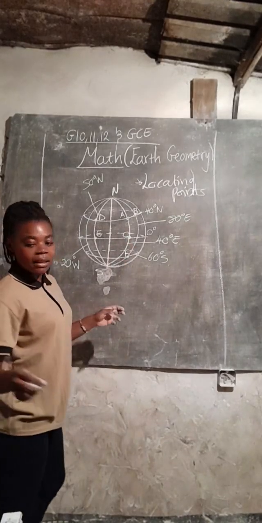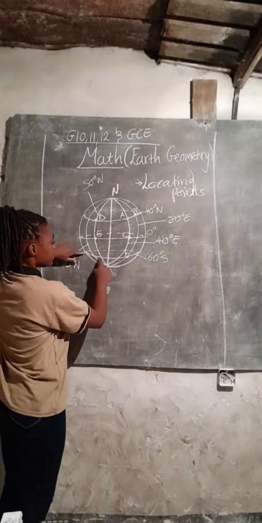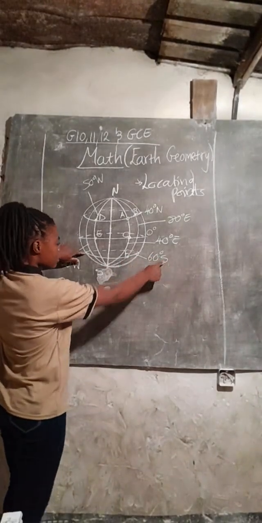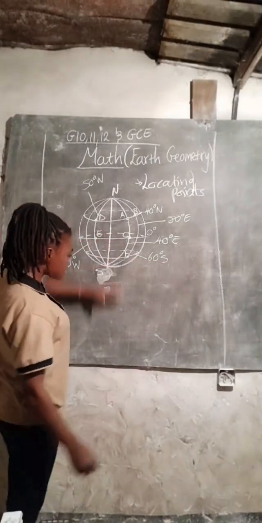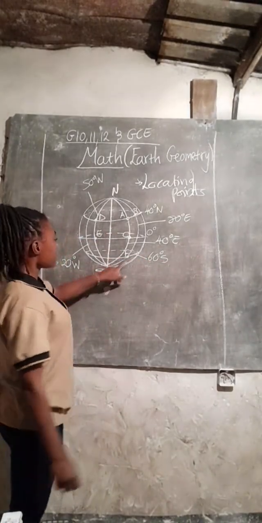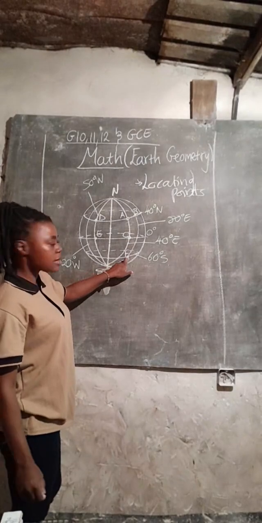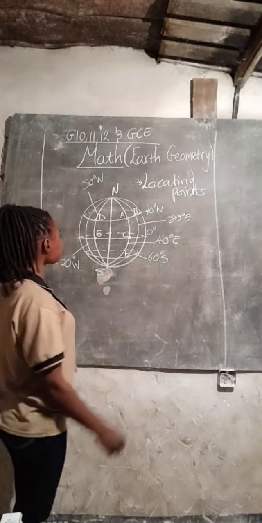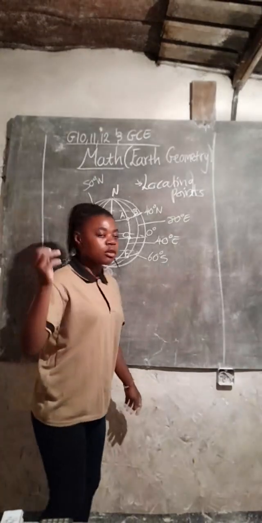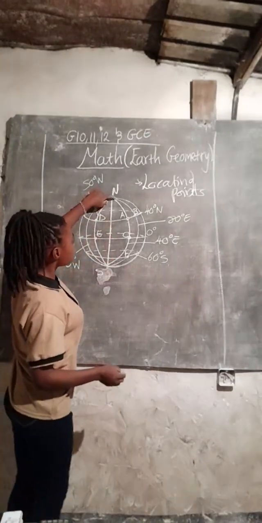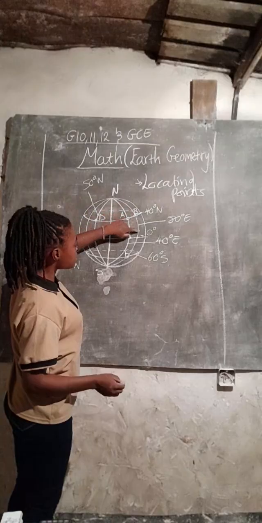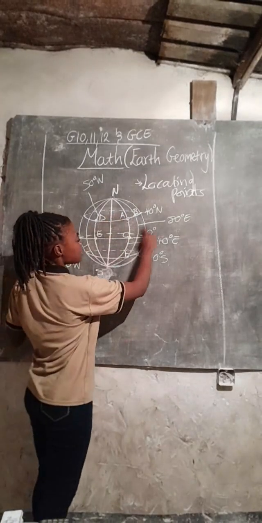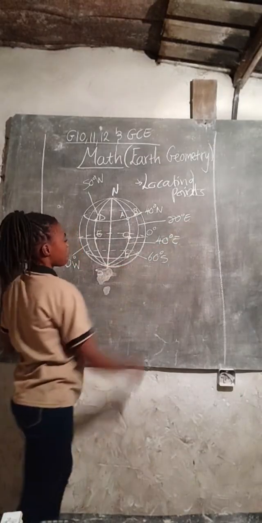Then we have the other line of latitude, which is this line here. I've put a number which is 60 degrees south. Why is it south? Because it is in the southern hemisphere. And I've put up a point which is F. Then in terms of longitude, we have the first longitude, which is this line here, where there is point B, and this line, point F. This one, I've said it is at what? 80 degrees east.